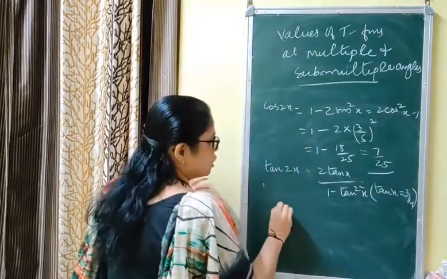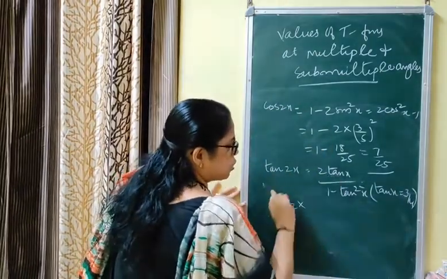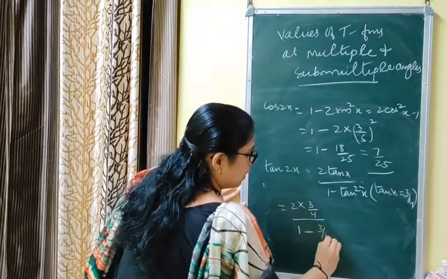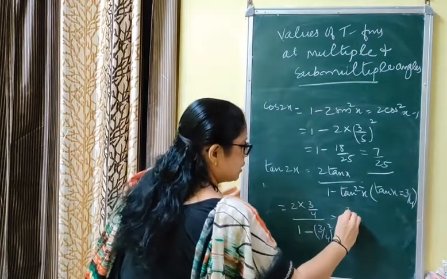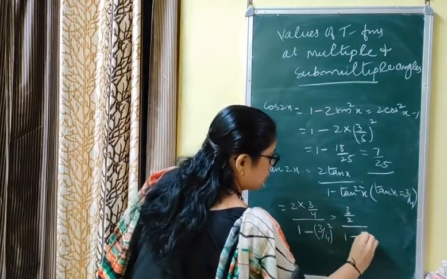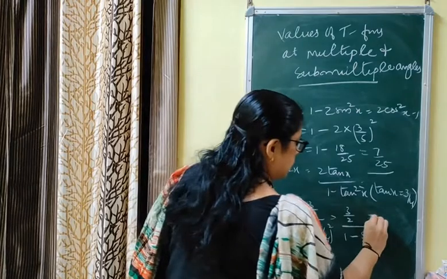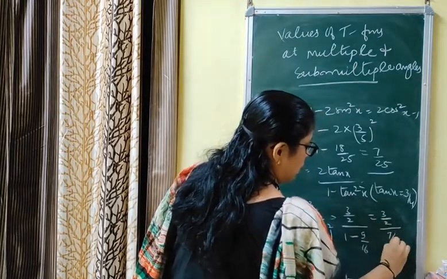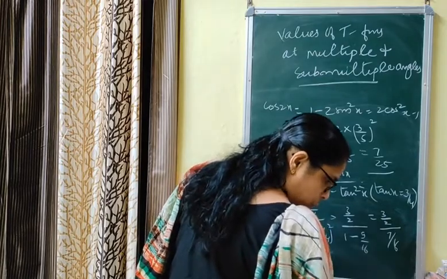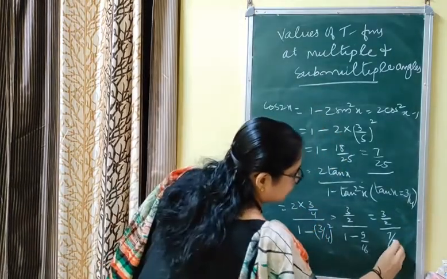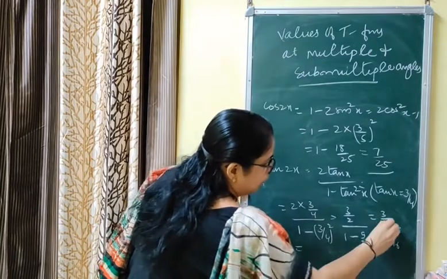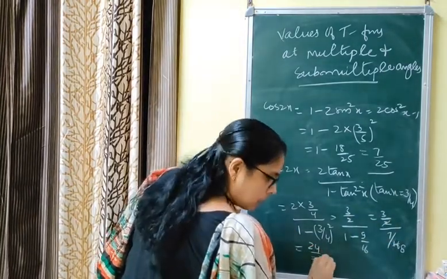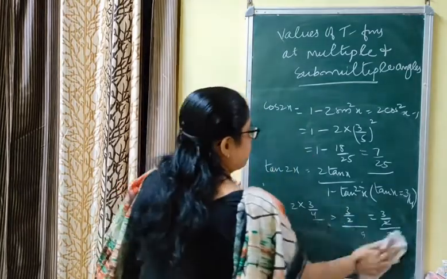So use this value in the place of tan x, that is 2 into 3 by 4 upon 1 minus 3 by 4 whole square, that is 3 by 2 upon 1 minus 9 by 16, that is 3 by 2 upon 16 minus 9 by 16, that is 7 by 16. Now if you solve this, it will cancel, 8 times, 24 by 7. That is tan 2x is 24 by 7.